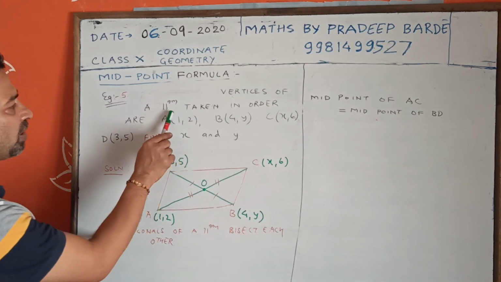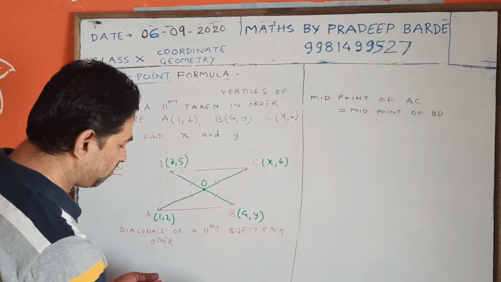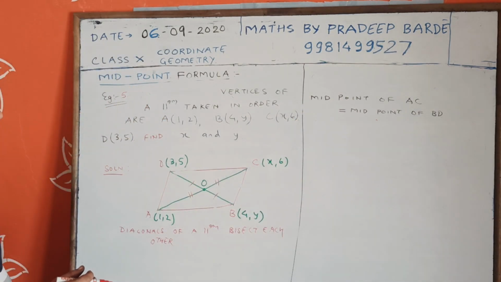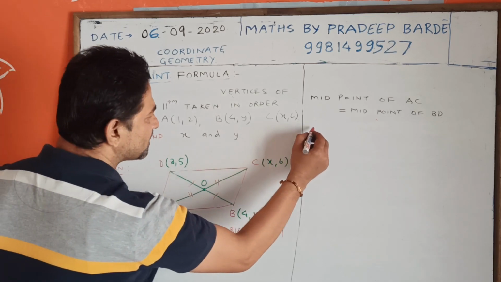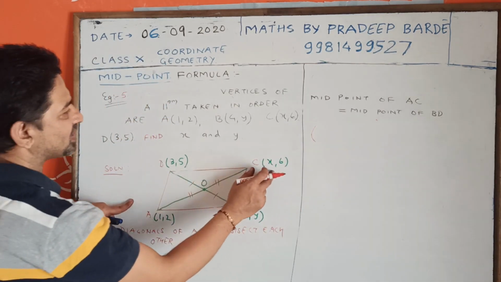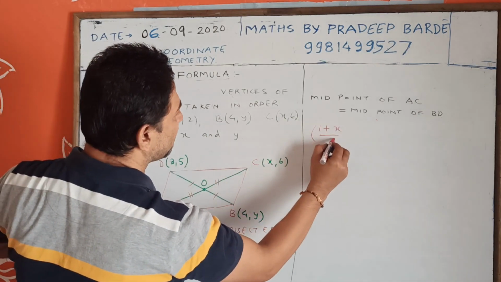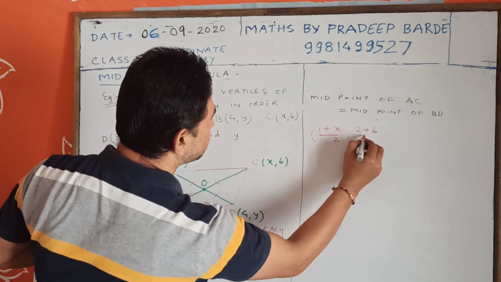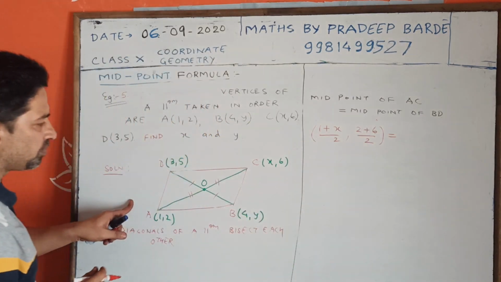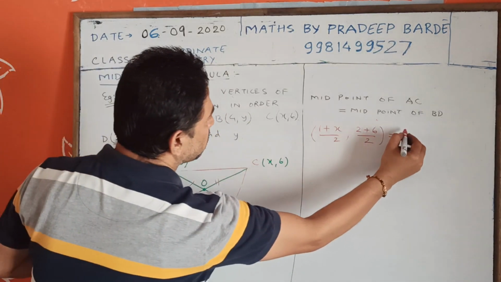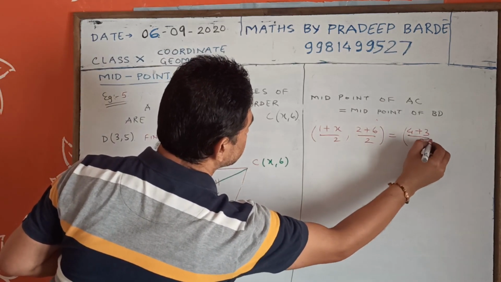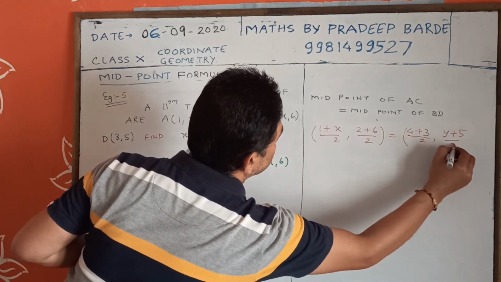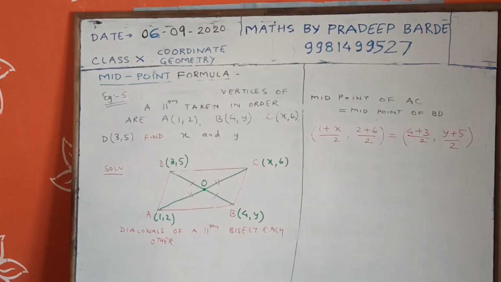So here again, we know that it is a parallelogram. So diagonals of a parallelogram bisect each other. So again we use the same concept, midpoint of AC इक्वल टू मिड पॉइंट ऑफ बी डी। अब बच्चों AC का मिड पॉइंट लिखिए आप (1 + x)/2, (2 + 6)/2 इक्वल टू (4 + 3)/2, (y + 5)/2, right?